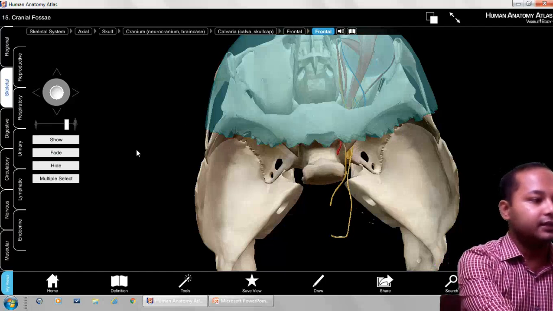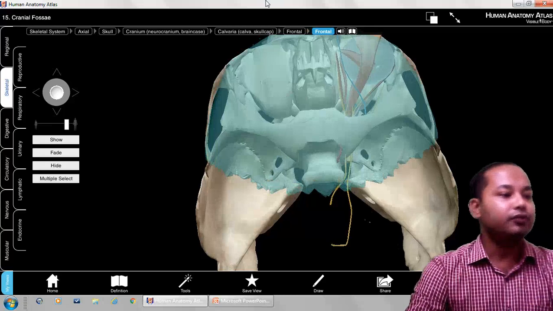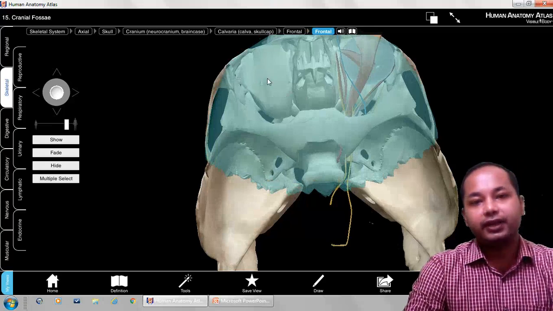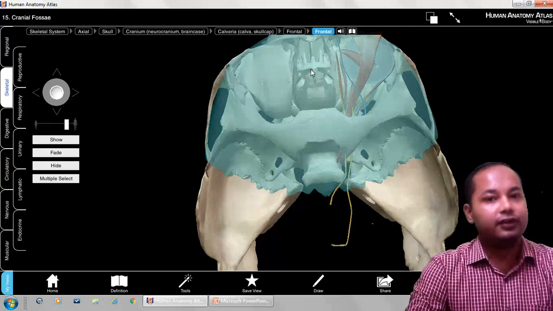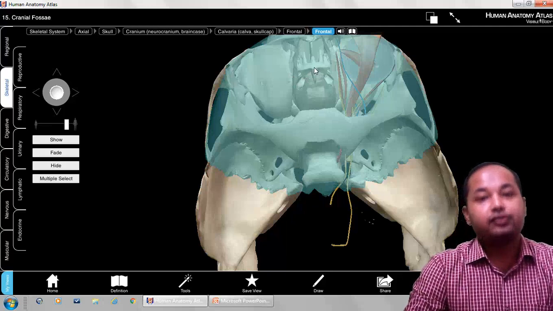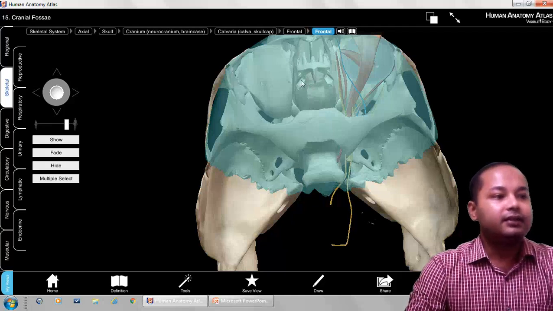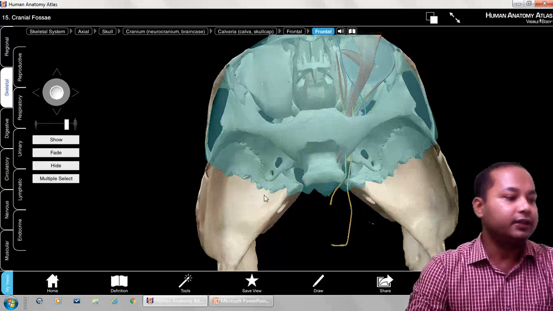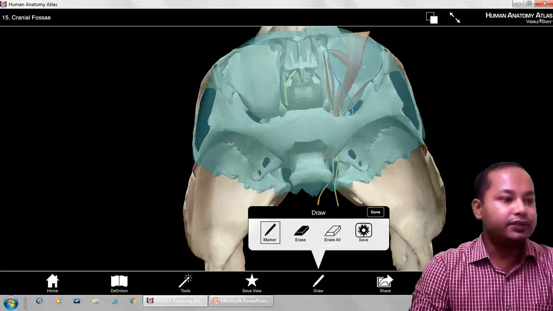Looking at the orbit from the roof, you can directly realize that the bones which are made invisible will obviously make up the orbital roof, as you have already seen that in the orbital margin the superior bone was the frontal bone. But what you have to realize here is there is another bone which is present from the roof.